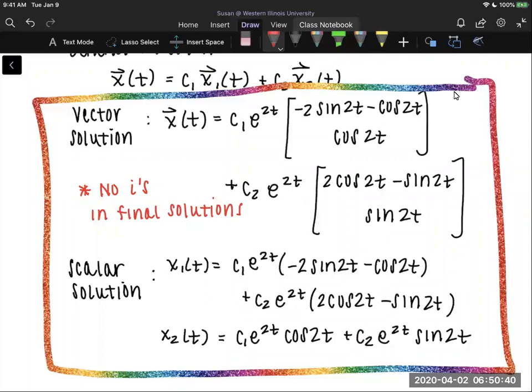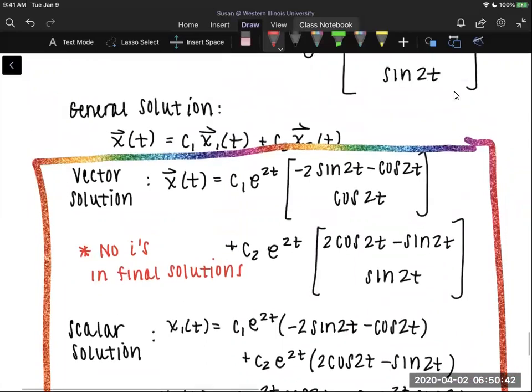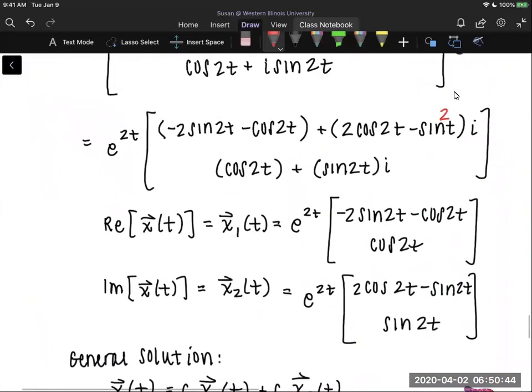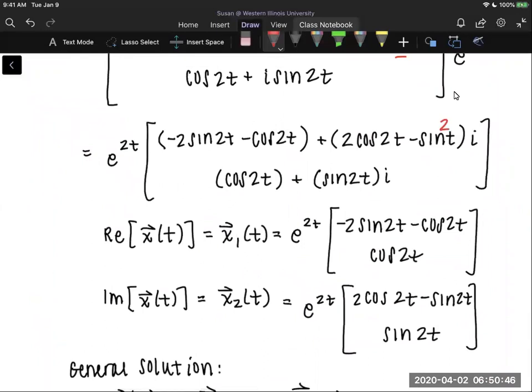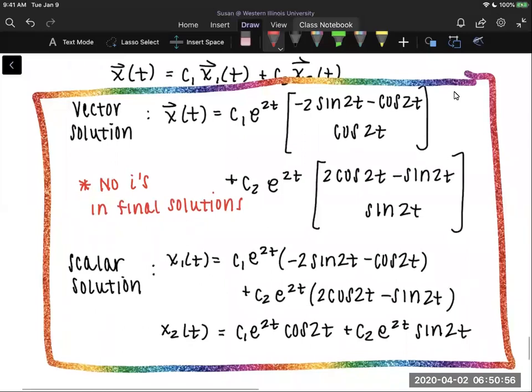The same thing is true here, and that's a common mistake that I see. Students separate out the real and imaginary. So we have our imaginary portions right here, but there is no I in that imaginary portion when I separate it off. So I'll leave you with that.